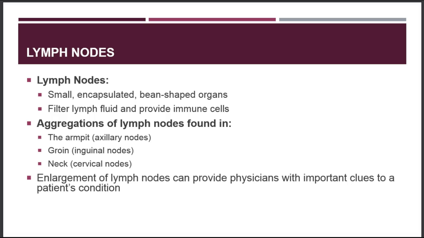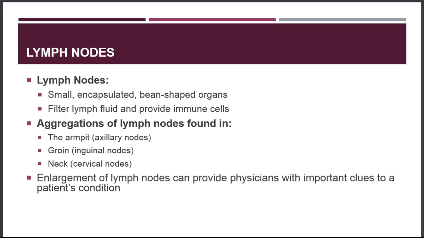So now we're going to talk about each of these accessory structures to the lymphatic system. Lymph nodes are one of the primary structures. They are small encapsulated structures. They kind of look like kidney beans, and they filter lymph fluid and provide immune cells.